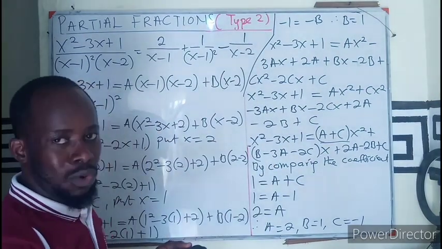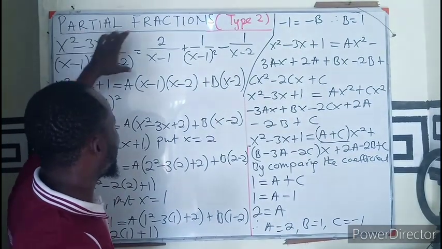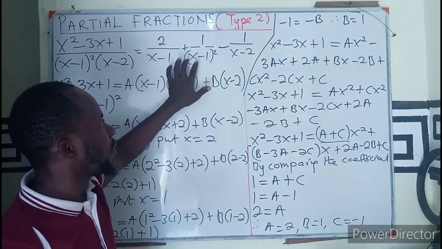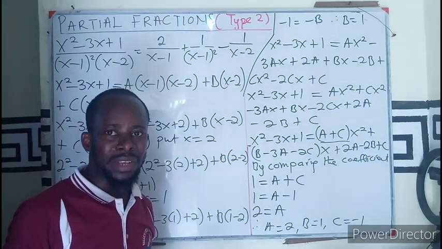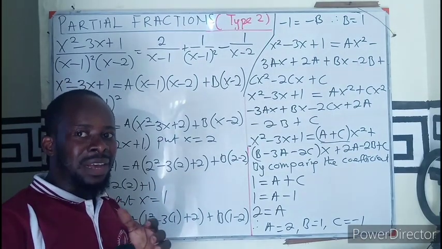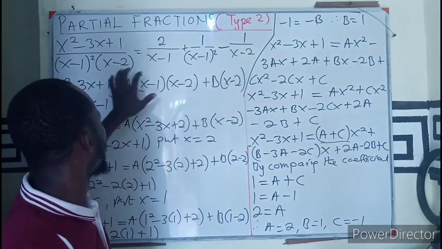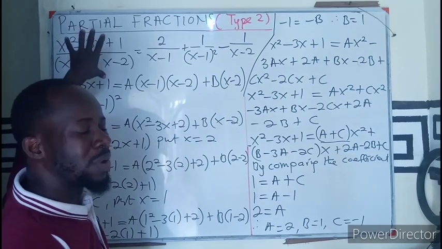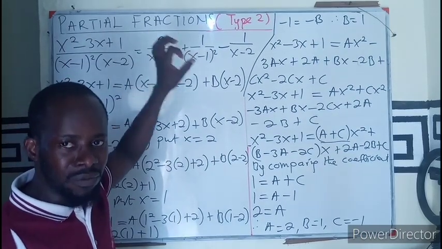So by decomposition or by resolution, we have resolved this fraction to become 2 over x minus 1 plus 1 over x minus 1 squared minus 1 over x minus 2. So in a rational fraction, this will have been your fraction where you will solve to get this. But here under partial fraction, you will be given the resultant fraction, you will find the partial fraction.